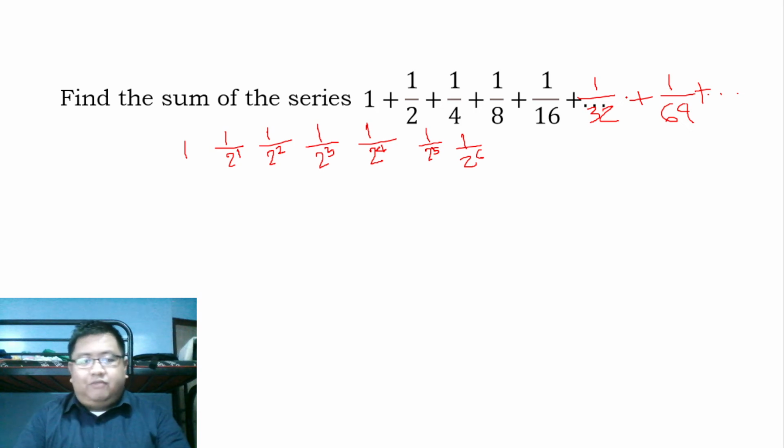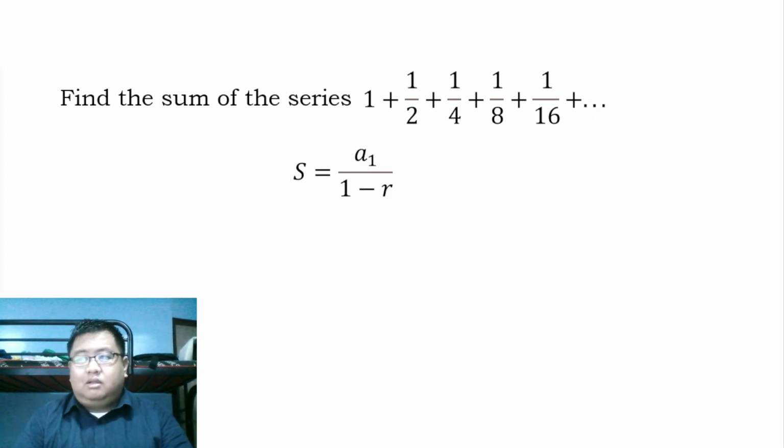To find the sum of a geometric series, we use this formula: S is equal to A sub 1 over 1 minus R. The sum of the geometric series is equal to the first term divided by 1 minus the common ratio.